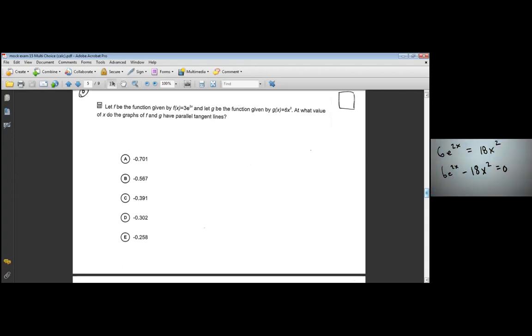Should be the same answer. Somebody either go do that for me, or somebody that did it tell me what we get. I got negative 0.391. Choice C. Okay. Does anybody have any questions on this one being choice C?